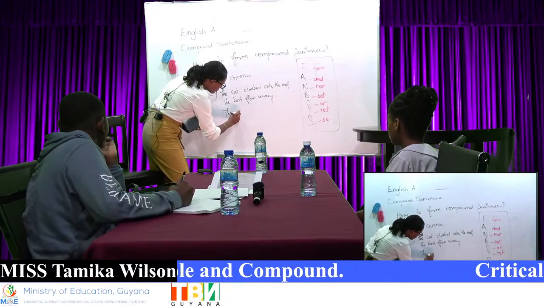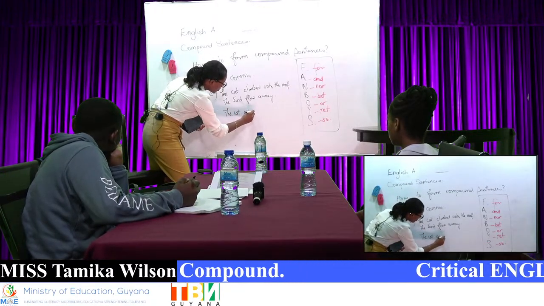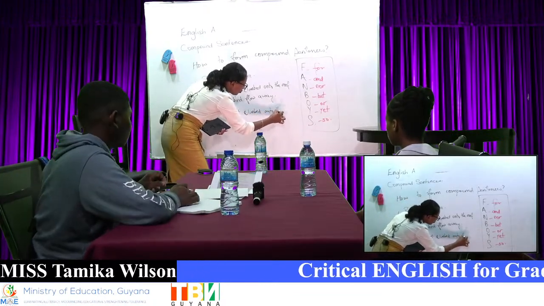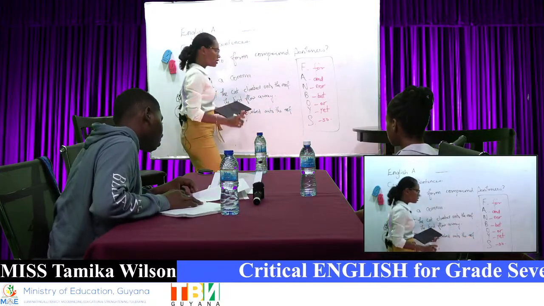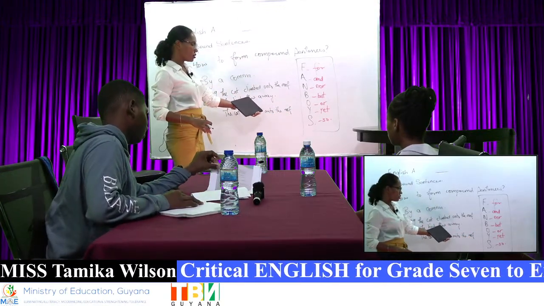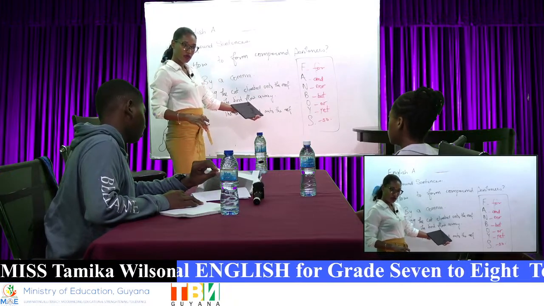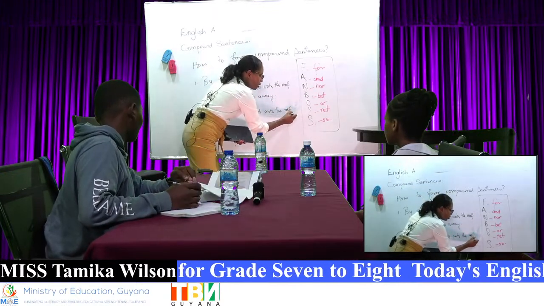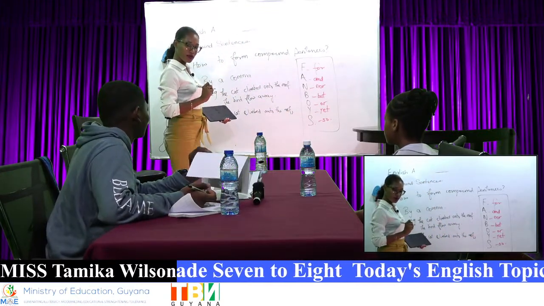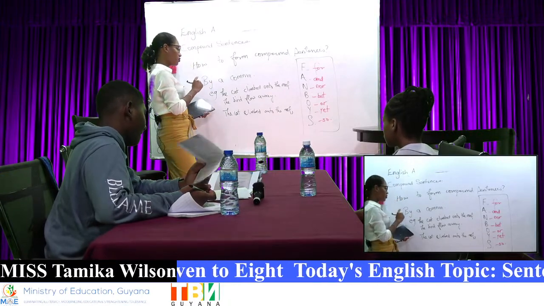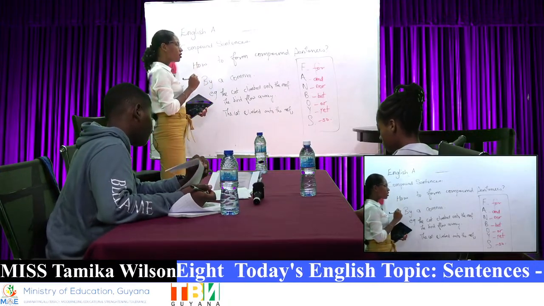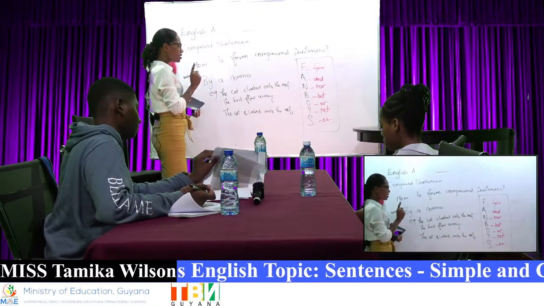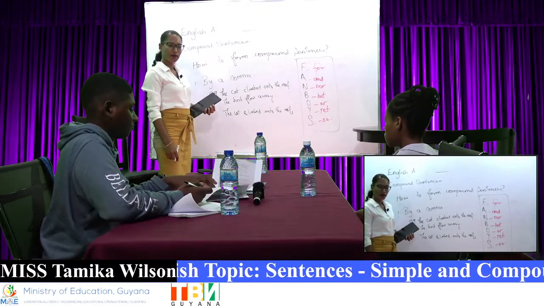So the cat climbed onto the roof, and because this is sort of a pause in the thought, yes? Isn't that so? And so what should we use? A comma, and then we use one of the coordinating conjunctions. Which of the coordinating conjunctions do you think will best join these two sentences together?